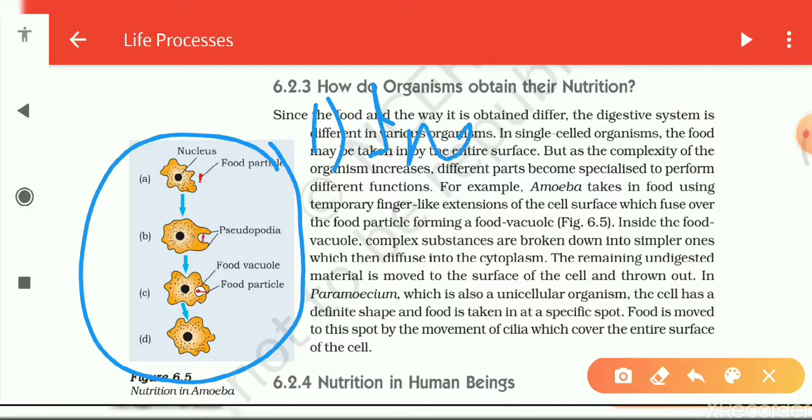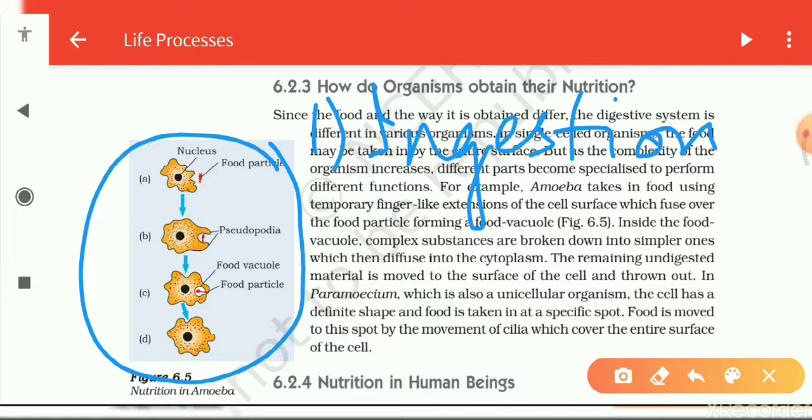First one is ingestion. This is also not given in your book. Okay, in the paragraph they are explaining many things, but point wise they haven't given. Then you can write here: different steps in the process of nutrition in animals.